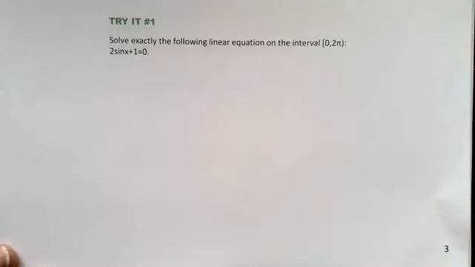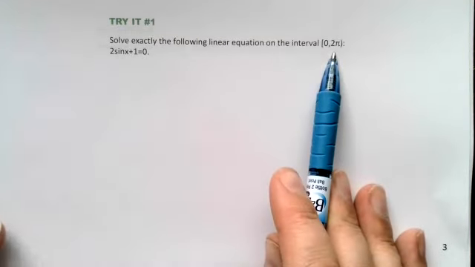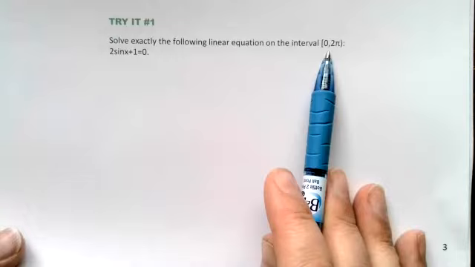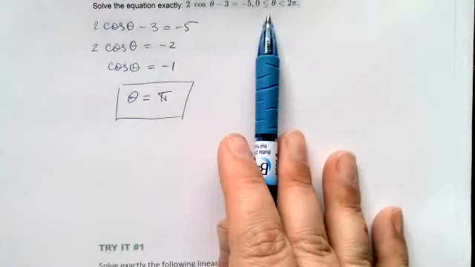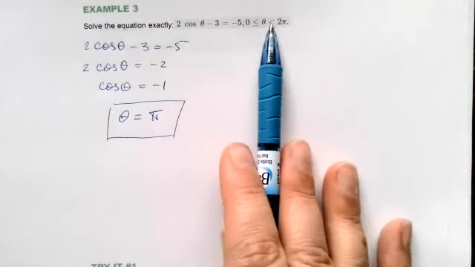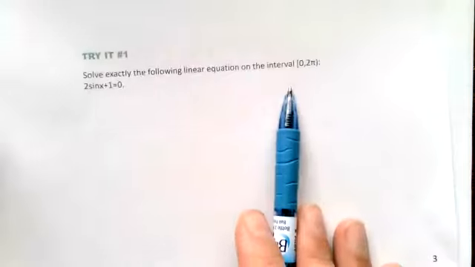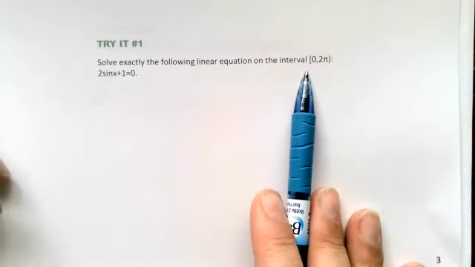So here's our example. It says solve exactly the following linear equation on the interval from 0 to 2 pi. I want you to notice that it could be written in this way, which means theta is from 0 to 2 pi, and this is saying the same thing.